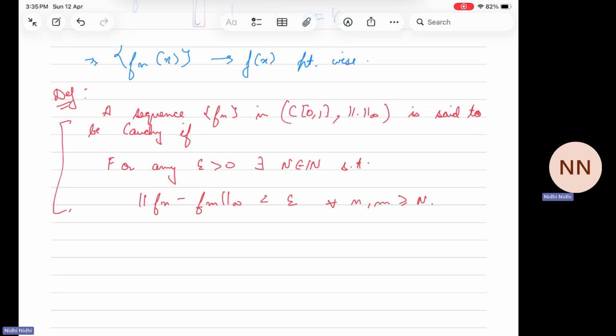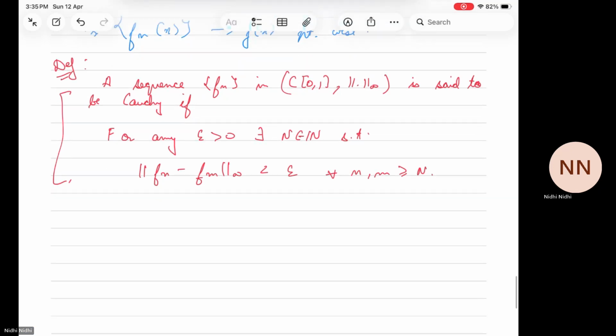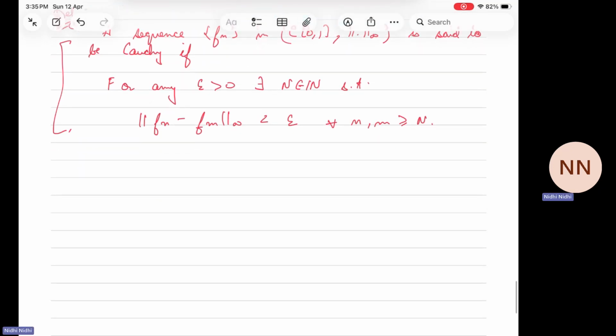Now, in our case, we will see that actually this is not a Cauchy sequence. I'll explain how. Claim that the sequence Fn is not Cauchy.